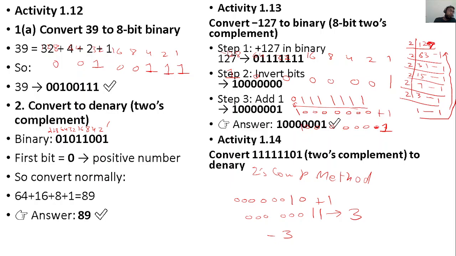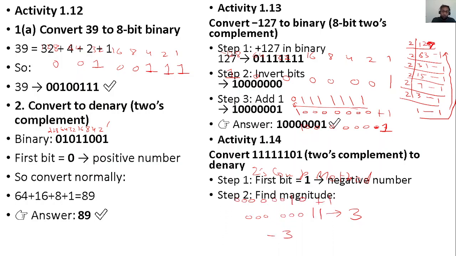So the 2's complement of a negative number gives us definitely a positive number. So the first bit equal to 1 means this is representing a negative number. And next we find the magnitude. When we find the magnitude of that number, we inverted the bits and added 1 to it. So this number becomes plus 3.